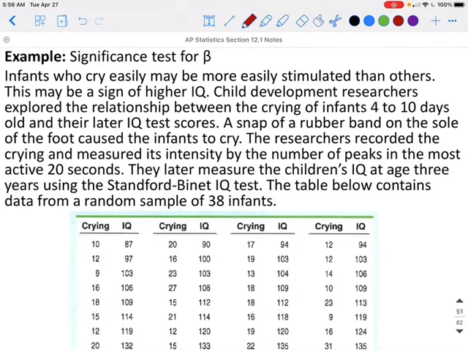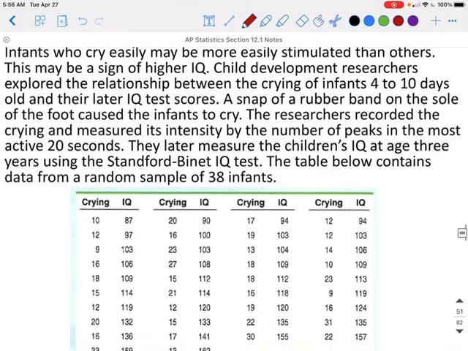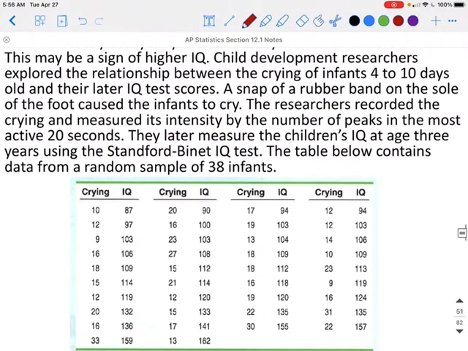Infants who cry easily may be more easily stimulated than others. This may be a sign of higher IQ. Child development researchers explore the relationship between the crying of infants 4 to 10 days old and their later IQ test scores. A snap of a rubber band on the sole of the foot caused the infants to cry.